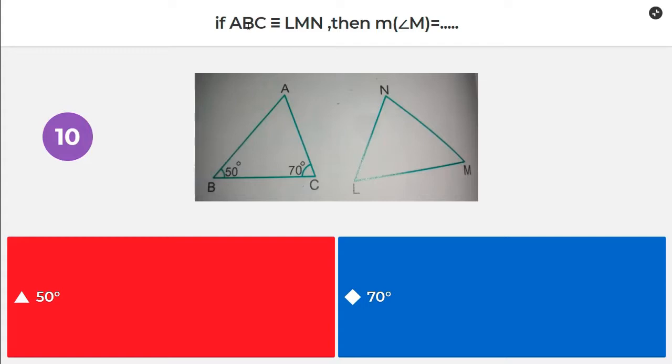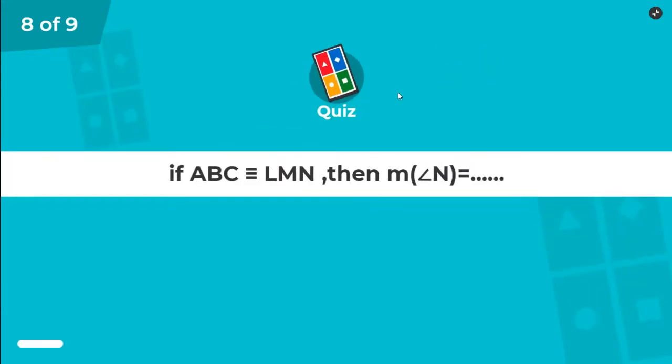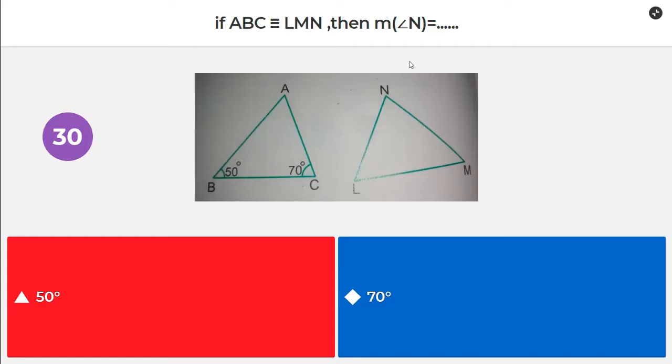We know that measure of angle B equals 50 degrees, so measure of angle M will be equal to 50 degrees. Measure of angle N is the third letter, so it will be equal to C, the third letter, and we know that measure of angle C equals 70 degrees, so measure of angle N will be 70 degrees.